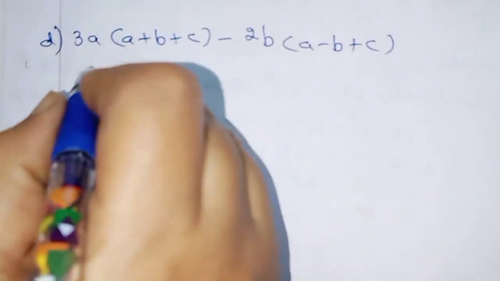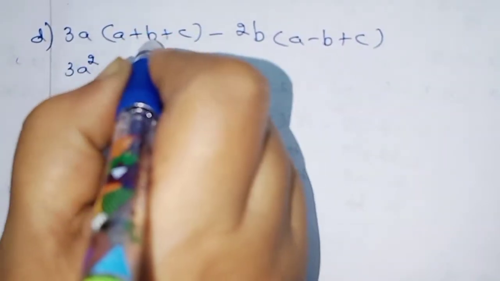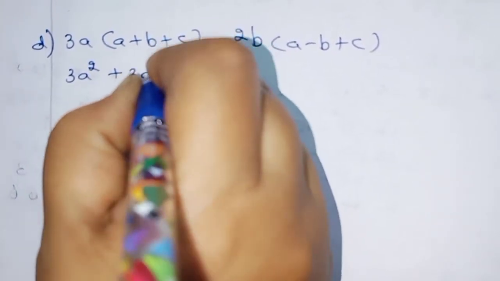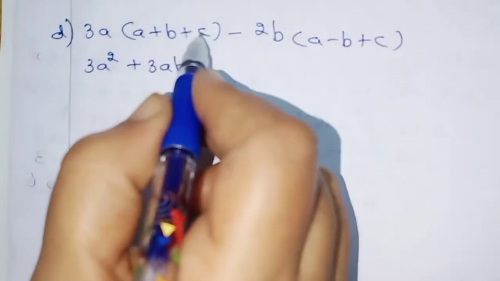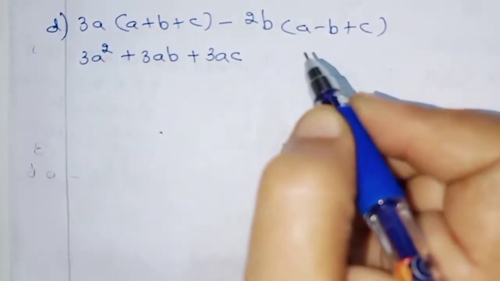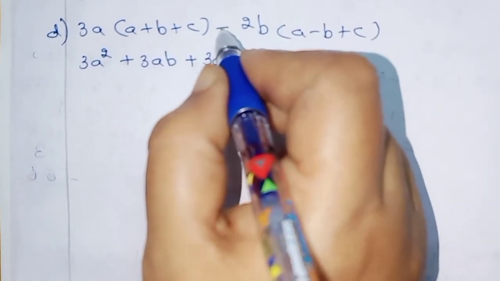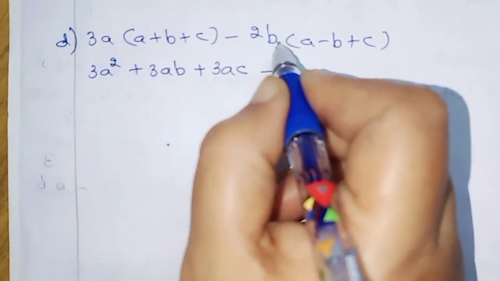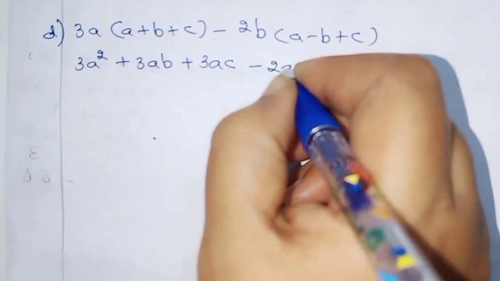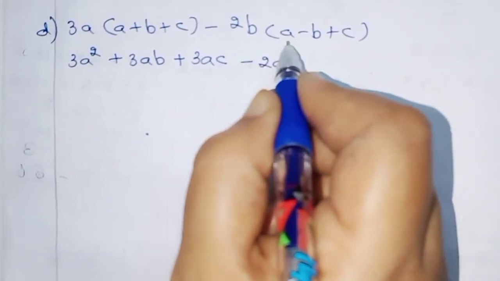3a into a is 3a square, plus 3a into b is 3ab, plus 3a into c is 3ac. Minus, minus into plus is minus. 2b into a is 2ab. Whether 2ba or 2ab, you can multiply the variables in any order.